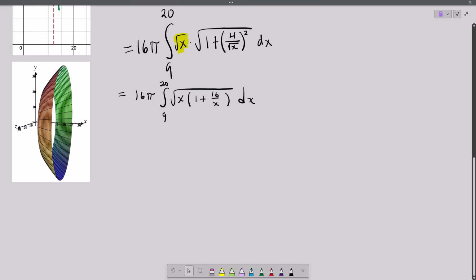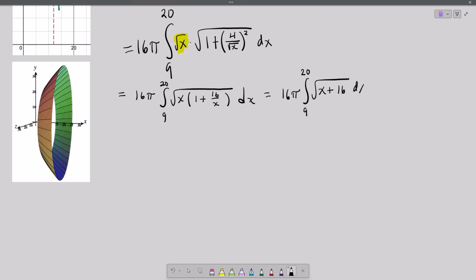So this x goes in and we have 1 plus, square root, and we square the top and the bottom there. And now we can distribute that x across that expression. We're going to have square root of x times 1, and then x multiplied by 16 over x, the x's cancel, and we're left with just 16.